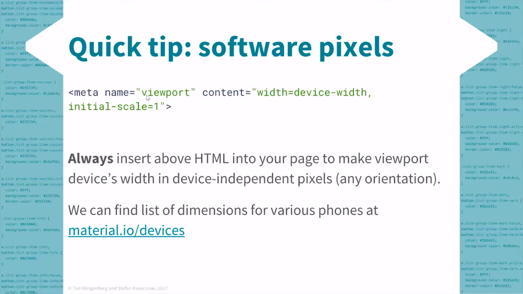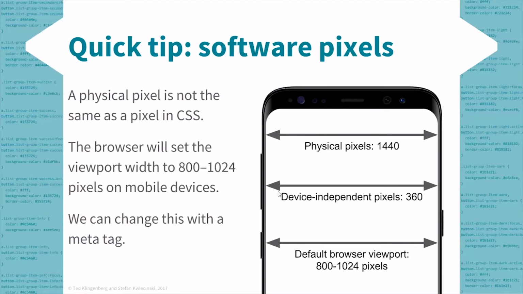This was originally something that Apple introduced a while back, and we use it for a lot of things whenever it comes to mobile phones now. And this is the most common one. We set the width to equal the device width, and that's in software pixels. So on the Galaxy S8, it would be set to 360 pixels rather than the physical size of 1440.